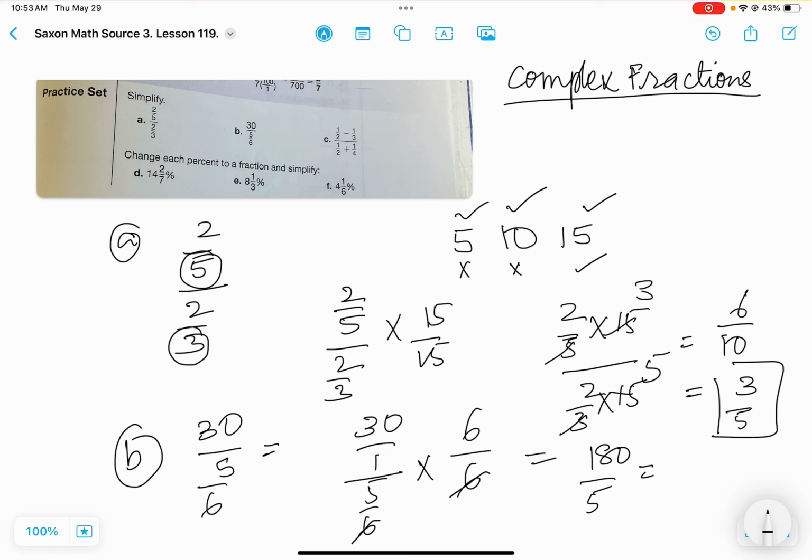I'm trying to see if I can simplify it faster. Let's simplify with 5 times 1, and 5 times 3 is 15. And 36 is your answer.